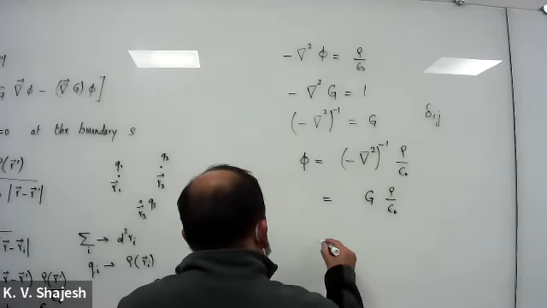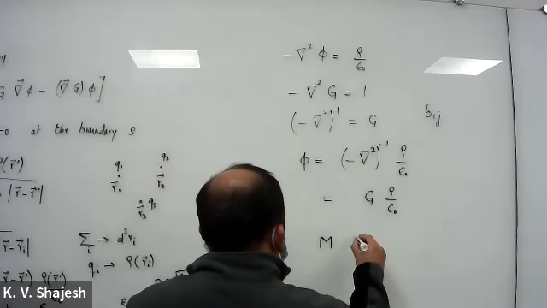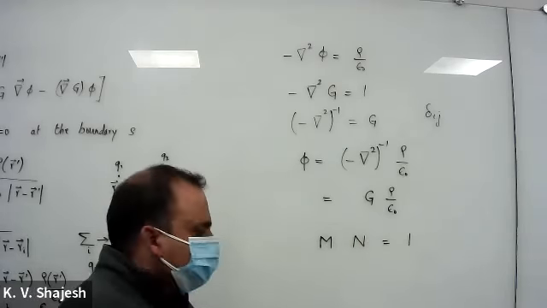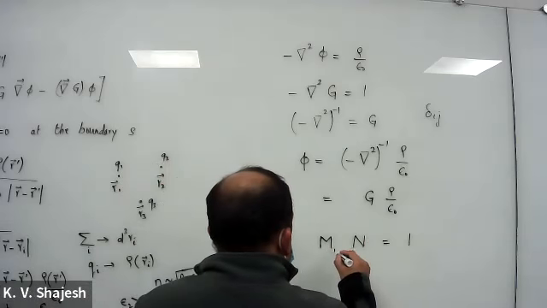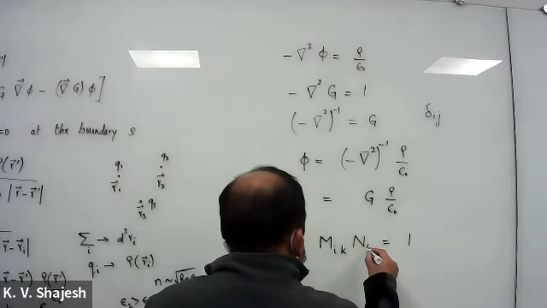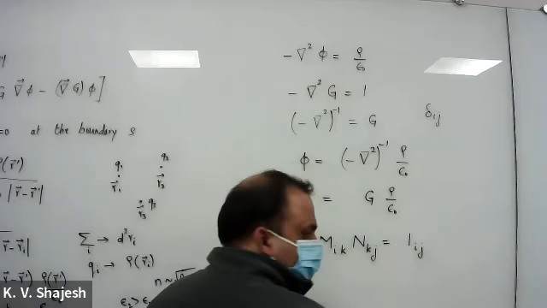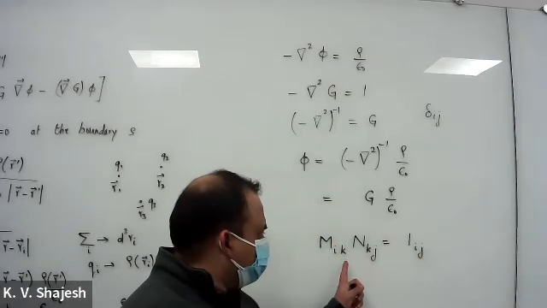If I have an operator M times N equal to 1, let me say this is I, and this is K, that's K, that's J, and that's I and J. Notice K is summed here.